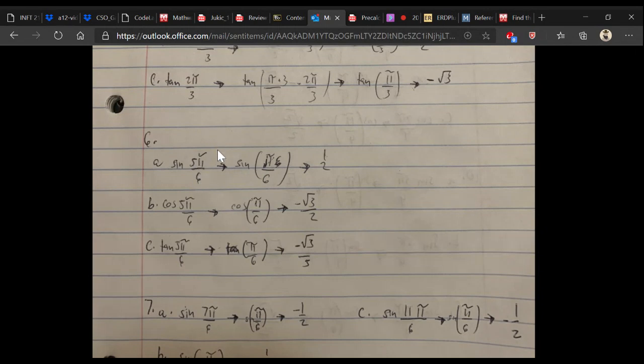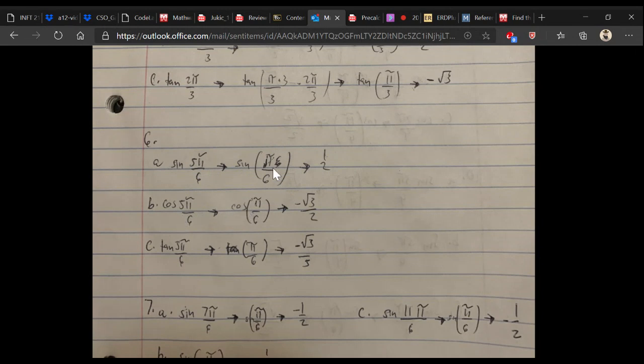Okay, so sine of angle 5 pi over 6 will become sine of angle pi over 6 by using the reference angle. The reference angle for 5 pi over 6 is pi over 6. So sine pi over 6 is 1/2 by the special table for these three. The next one is cosine of 5 pi over 6.